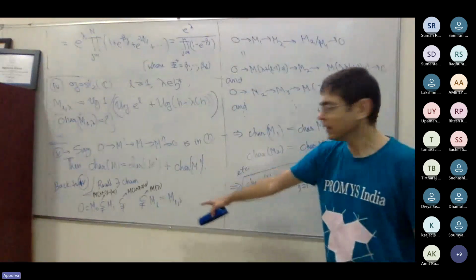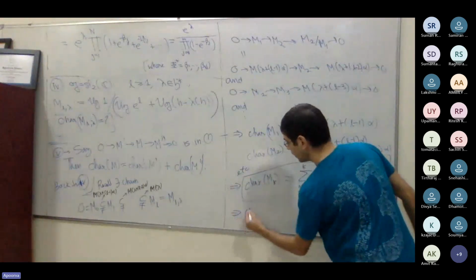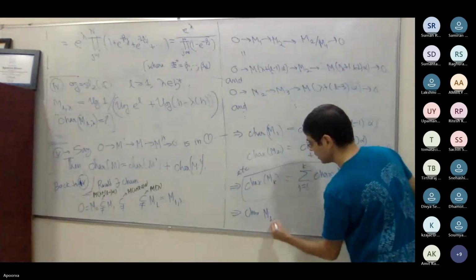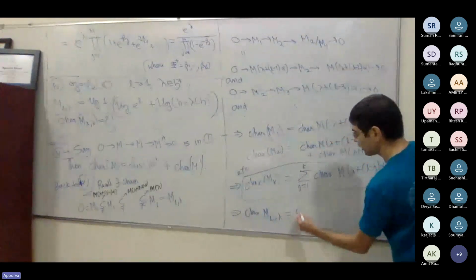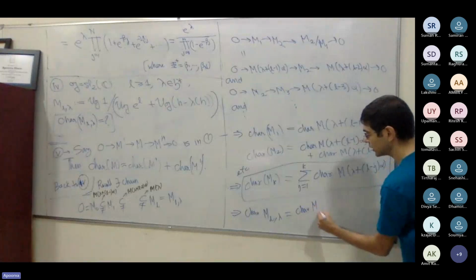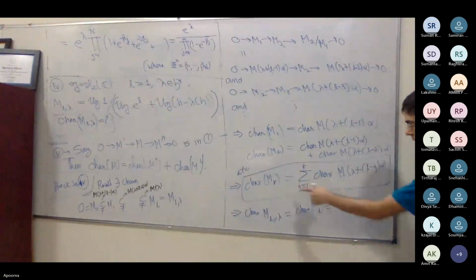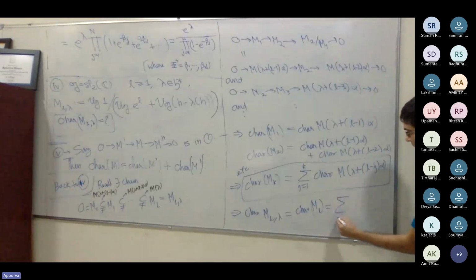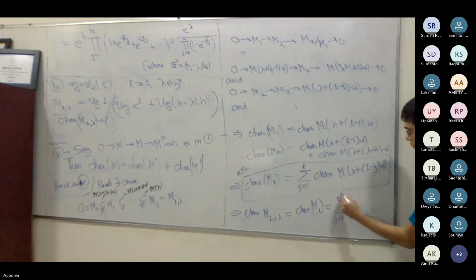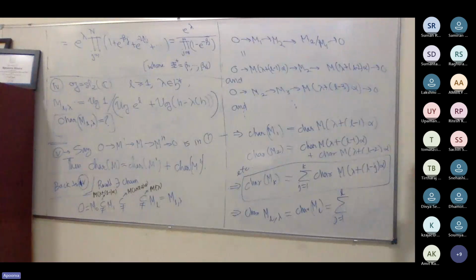And the final one was ML. So the character of ML, which is ML lambda, is character of ML in this notation. And you can just write this summation down, or you can say this is equal to summation j equals 1 to L, lambda plus L minus j alpha.